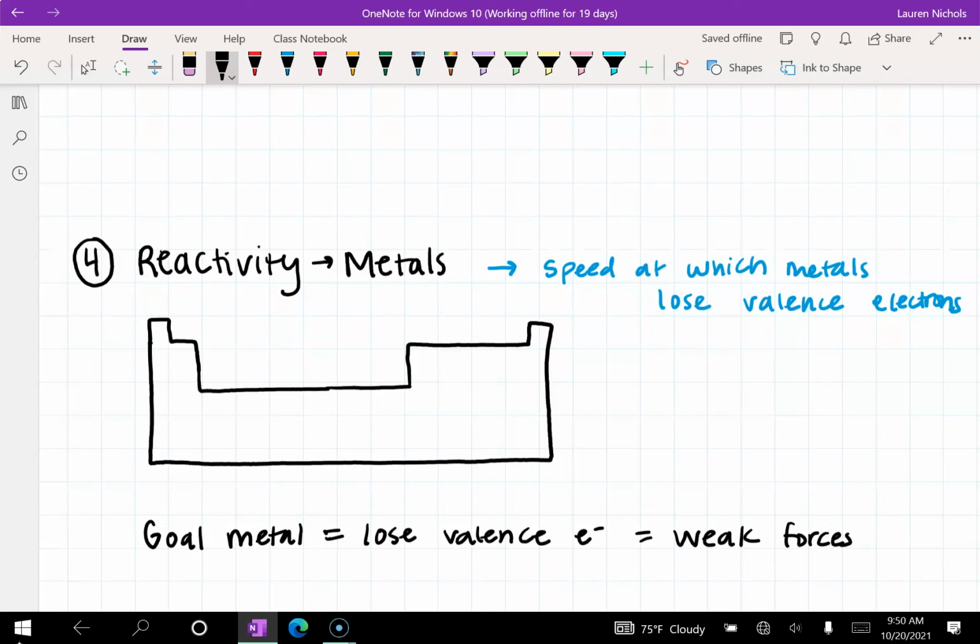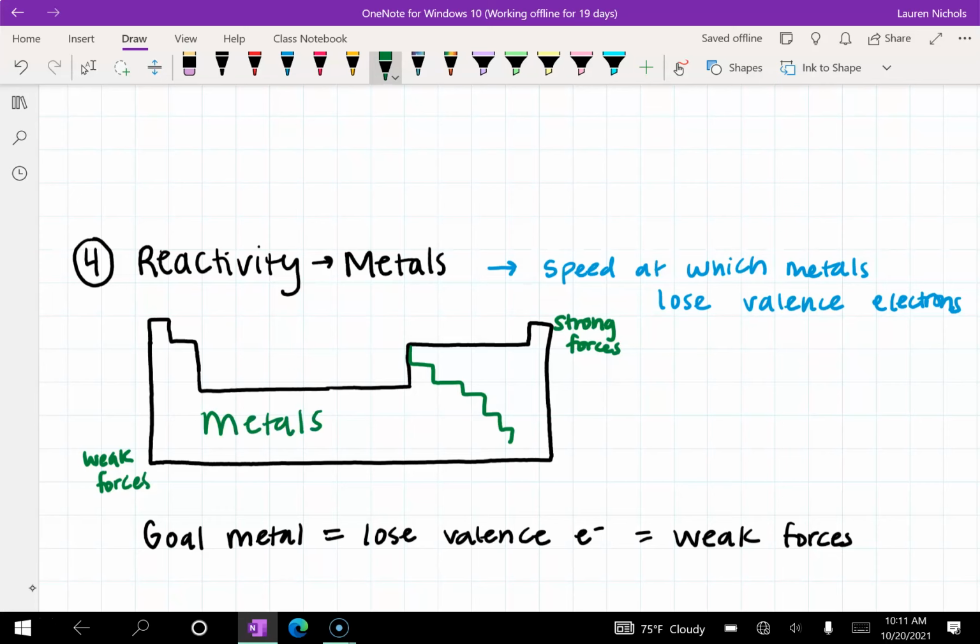So remember that the strong forces are in the top right part of our periodic table, and the weak forces are in the bottom left. Now remember, we have a staircase that separates the metals from the nonmetals. So our metals are located on this side of our periodic table.